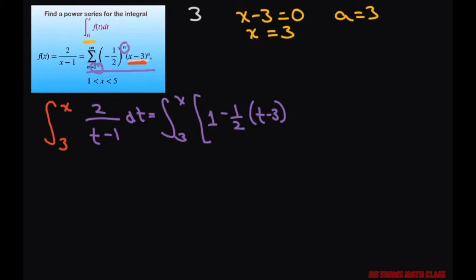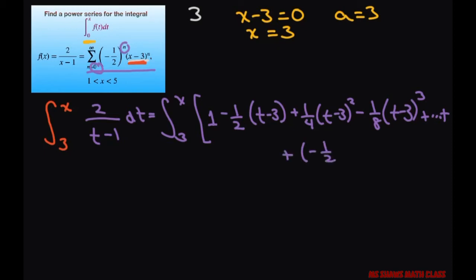And you substitute in 2, you're going to get plus 1 fourth t minus 3 squared minus 1 eighth t minus 3 cubed, and so on till we finally get to plus negative 1 half to the nth power, and then we're going to have t minus 3 to the nth power, dot dot dot, and this is dt.